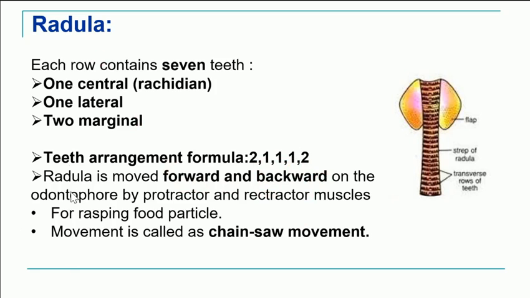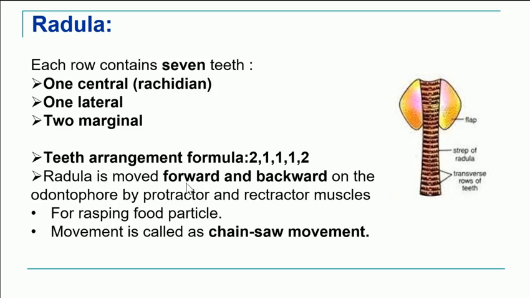Now previously also we have seen that this radula is called a rasping organ. So it is very helpful in the feeding of the Pila globosa. And this radula needs to be moved. So it is moved forward as well as backward onto the odontophore by two sets of muscles, called protractor muscles and retractor muscles.